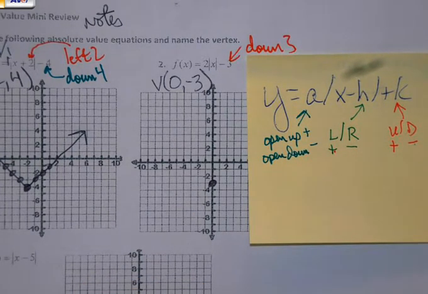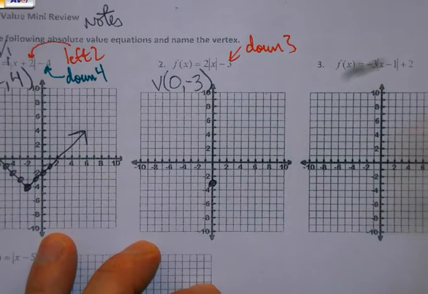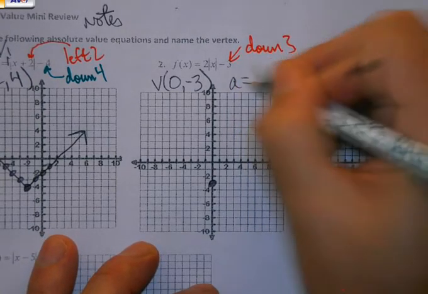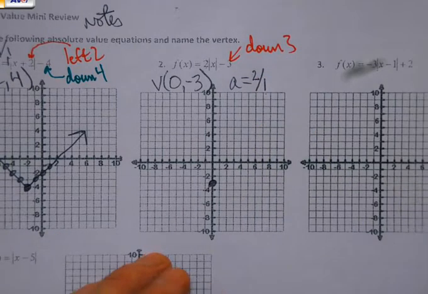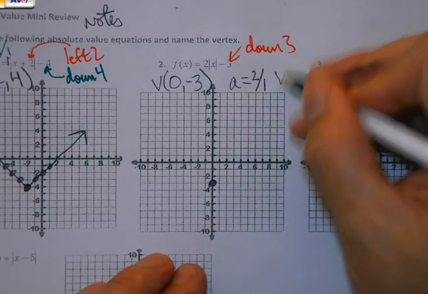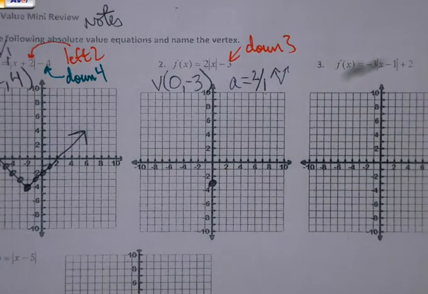So now what that leaves me with is my a value, which is 2, or 2 over 1, which is positive. And I know whenever I get a positive a, it just means we're going to open upward.